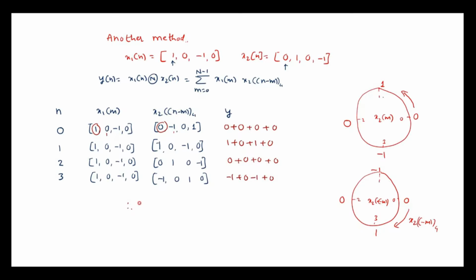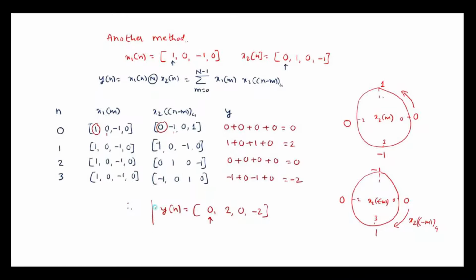Therefore, we can write y of 0 is equal to 0, y of 1 is equal to 2, y of 2 is equal to 0, y of 3 is equal to minus 2. Therefore, y of n is equal to 0, 2, 0, minus 2.